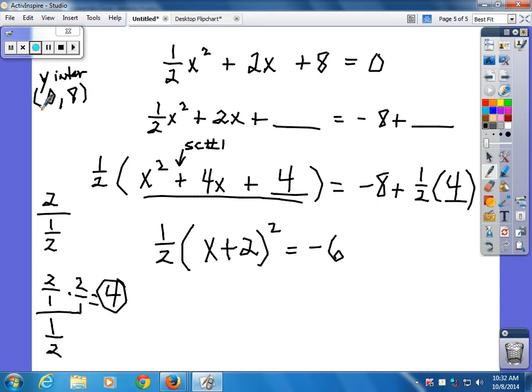My vertex is -2 and +6. That's my vertex. And we do not have any x-intercepts. But we'll go ahead and finish it out in terms of i, just so you'll know how to do that.